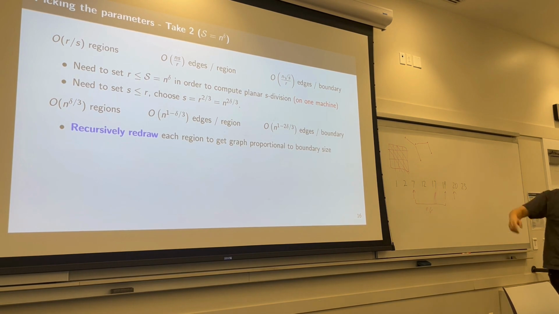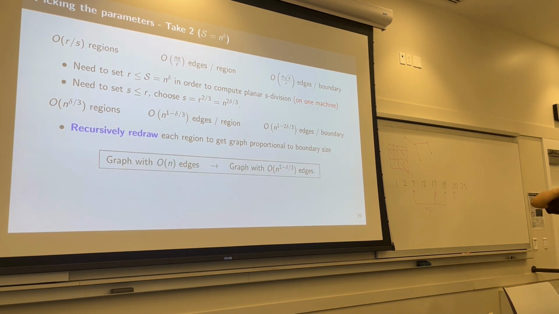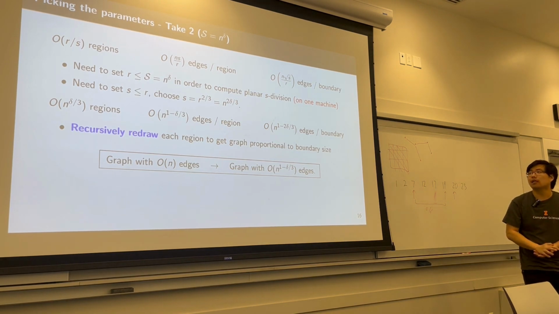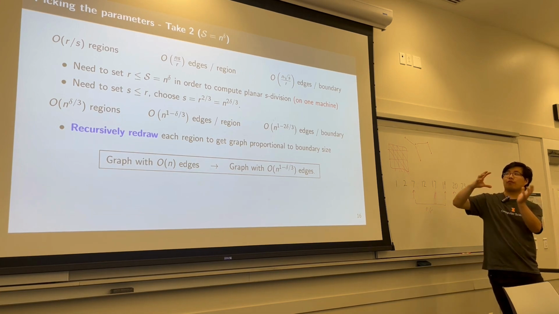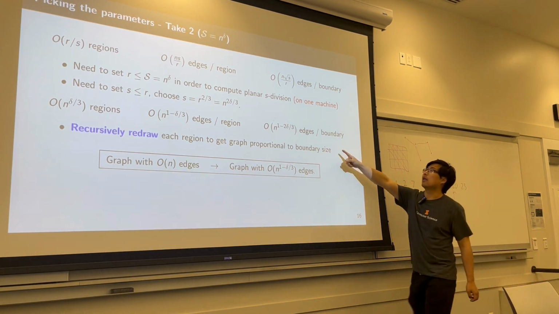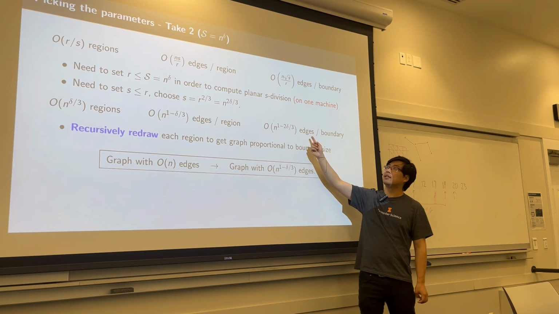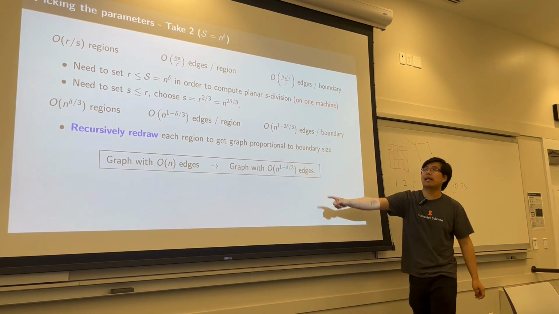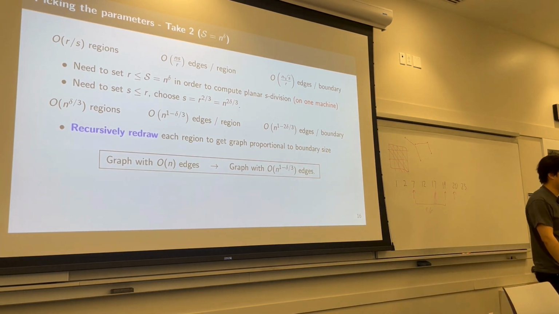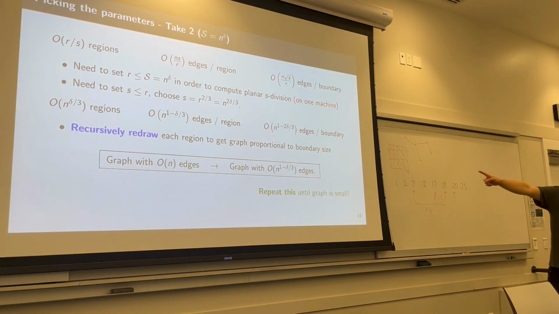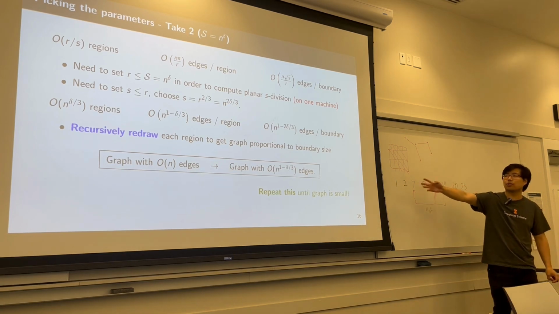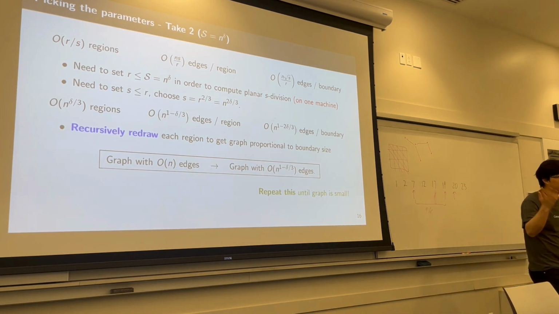And as I said, we're going to recursively redraw each region to get something proportional to the size of the boundary. And so if we do this for every region, we will get a graph that's the size of the edges on the boundary for each region. So we'll get a graph with slightly fewer edges. And we'll always assume delta is a constant. So if you just repeat this enough times, the graph is so small it fits on one machine, and then you can just solve the whole thing.